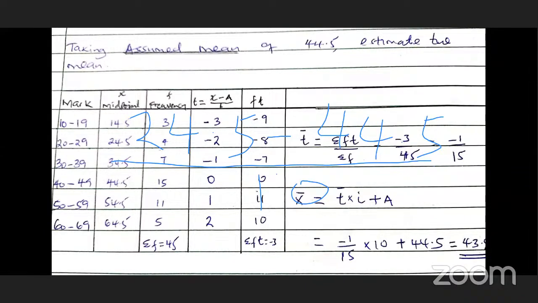Okay. Now we want to look at the T for the second row. We've said it is the row that has 20 to 29. And the X for that row is 24.5. So we say that 24.5, we minus 44.5, where 44.5 is our assumed mean. Now, because we are supposed to divide by the class weight, what is the class weight for the class 20 to 29? We get 10. We get 10 by saying 29.5 minus 19.5.